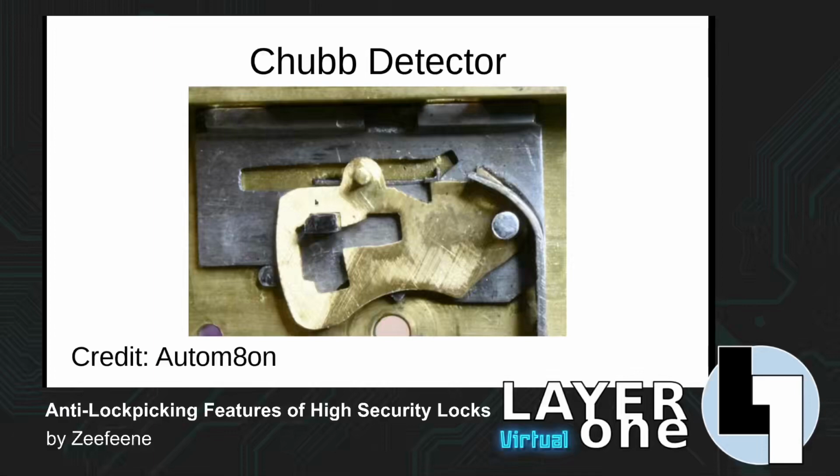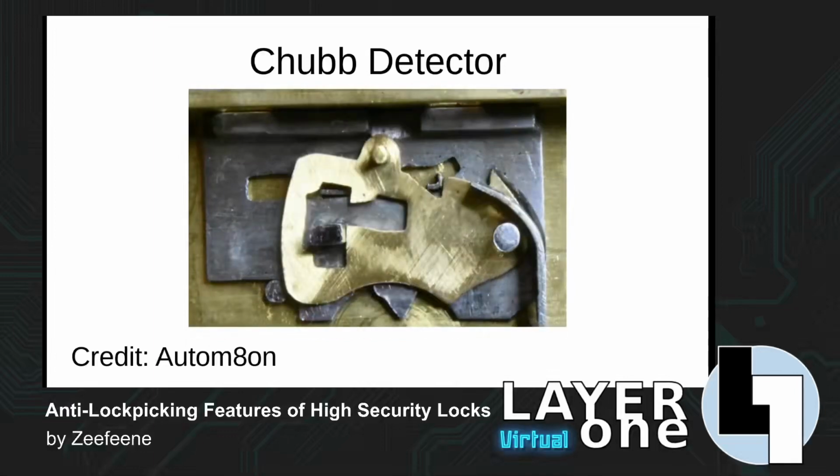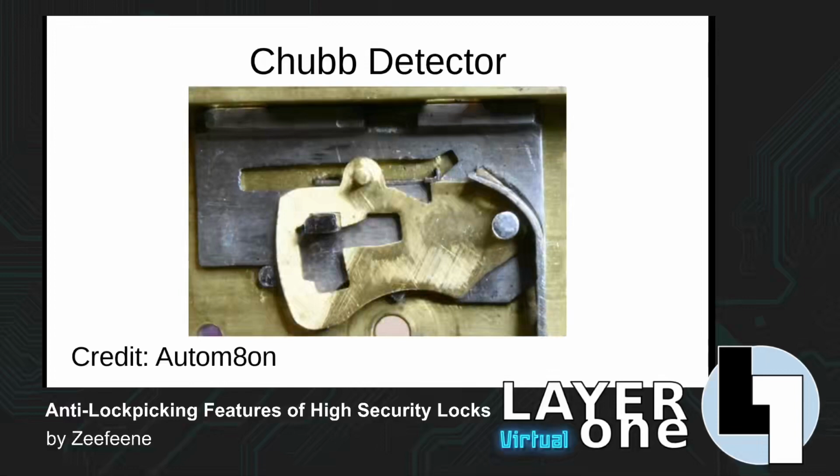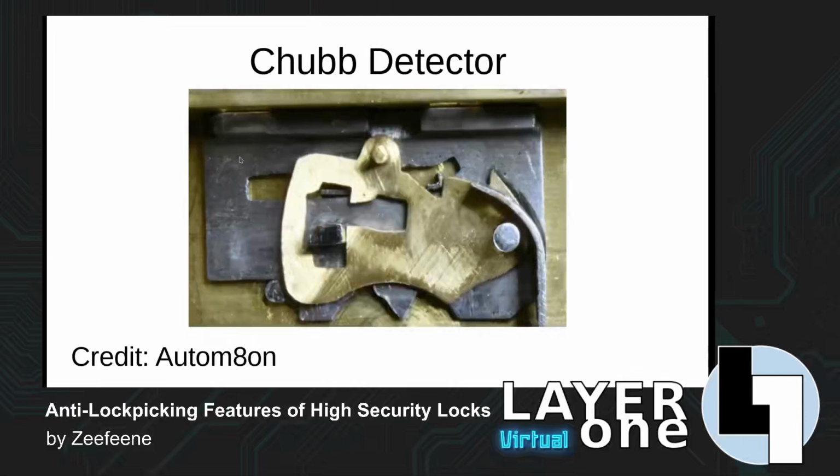And what happens is essentially if any of the levers ahead of it is lifted too far during a manipulation process, then it will trip the detector mechanism. So here we can see the detector mechanism is tripped. So what's happened is this lever has been lifted too high, and this small sprung portion has then slipped over this little lip, and it then jams in place and prevents any movement of the bolt in the opening direction.